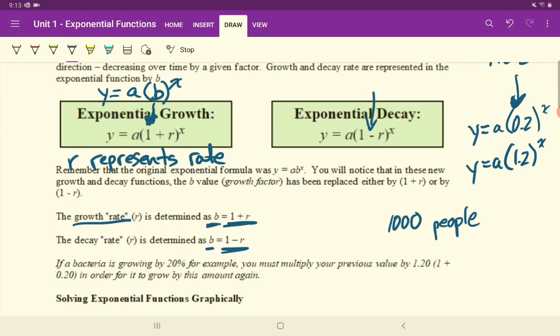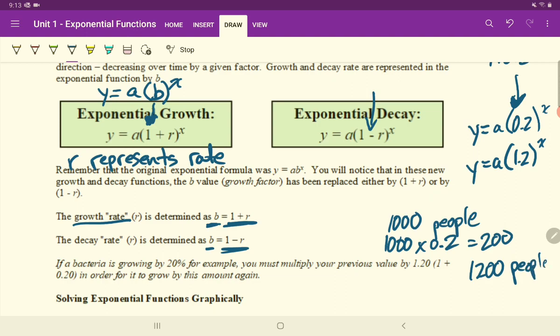Now if I said to you, what would the 20% increase of that be? If you just did 1,000 times 0.2, right? What would you get? You'd get 200. Okay, so that's fine. So you have 1,000 people, then another 200 people. So you'd have a total of 1,200 people, right?